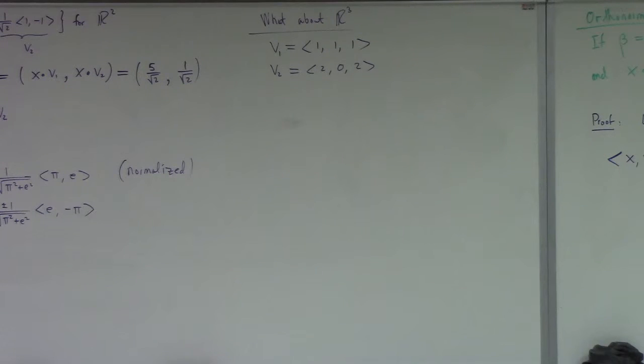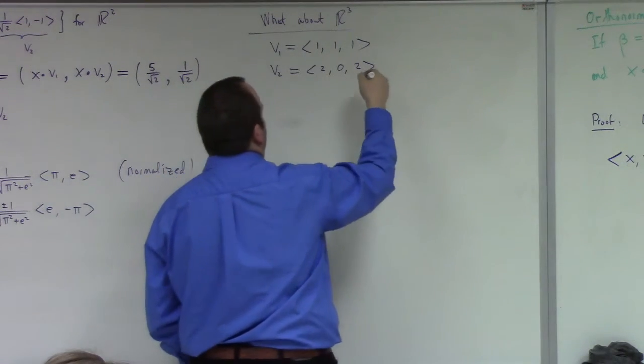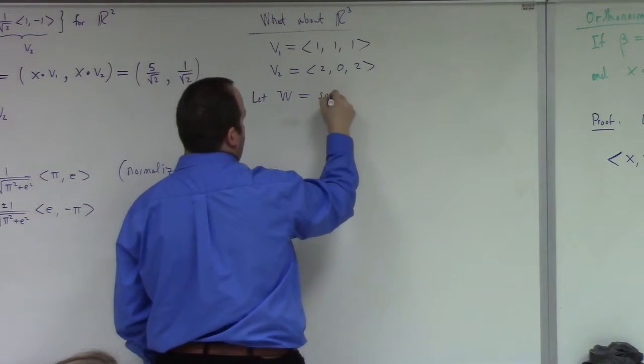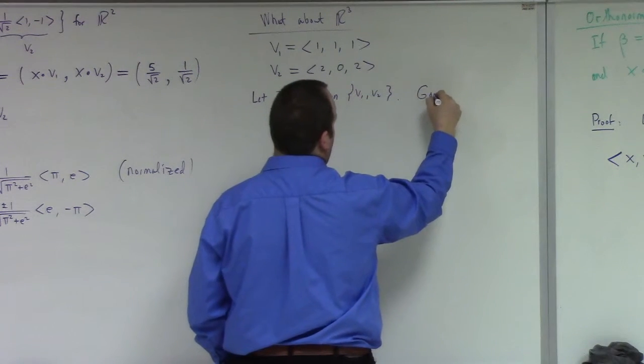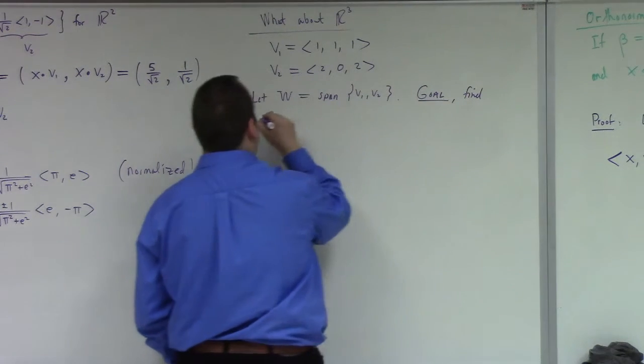Also, they're clearly not orthogonal, much less orthonormal. How can you take those and create another set of vectors which spans the same space? So let W equal the span of v1, v2. Here's our goal: find an orthonormal basis for W.